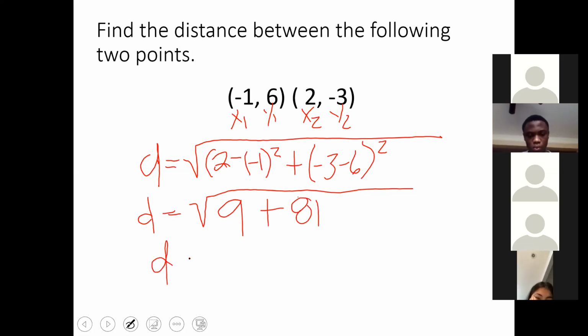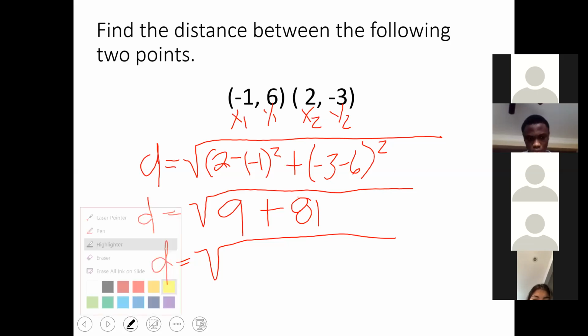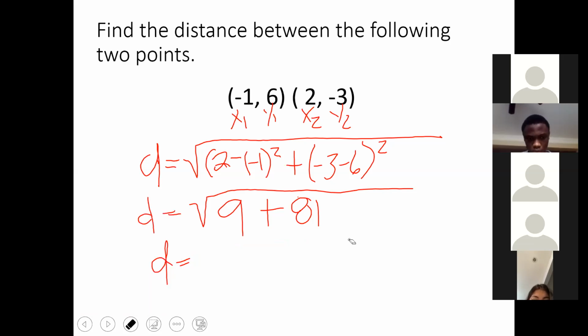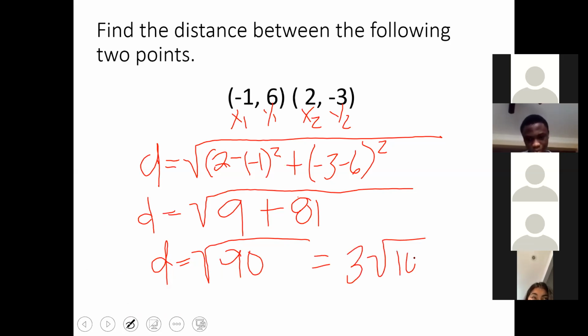So D would be equal to the square root of 90. And actually the square root of 90 can be simplified as 3 times the square root of 10. And that would be our distance, 3 times the square root of 10.